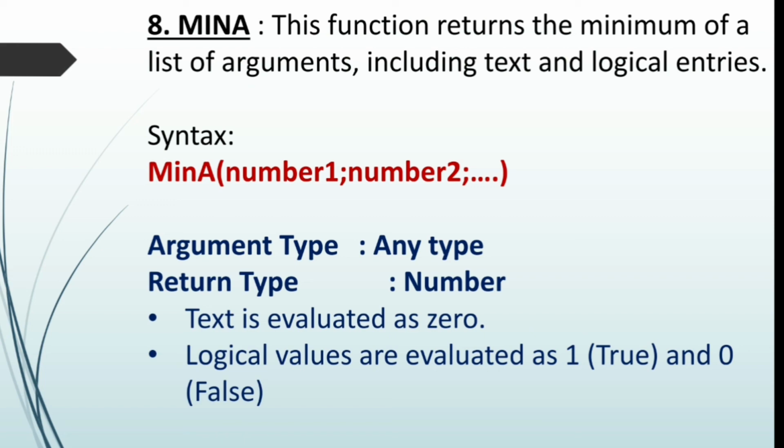Its syntax is MinA, number 1, number 2 up to number 30. The argument type is any type and the return type is number only. Here also, as in MaxA, text is evaluated as 0 and logical values are evaluated as 1 for true and 0 for false.